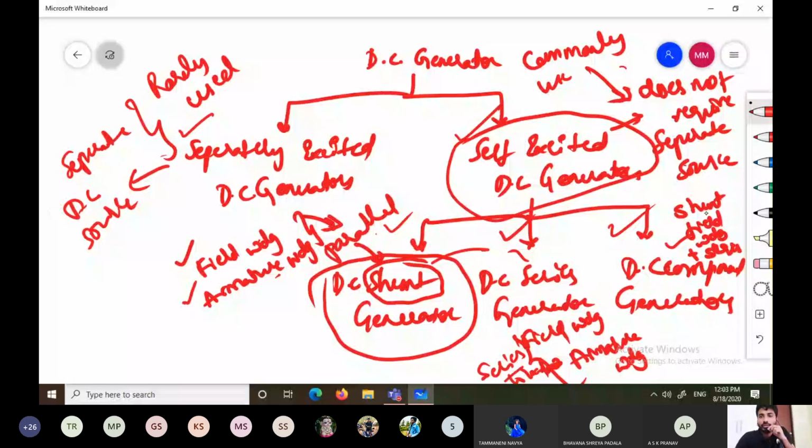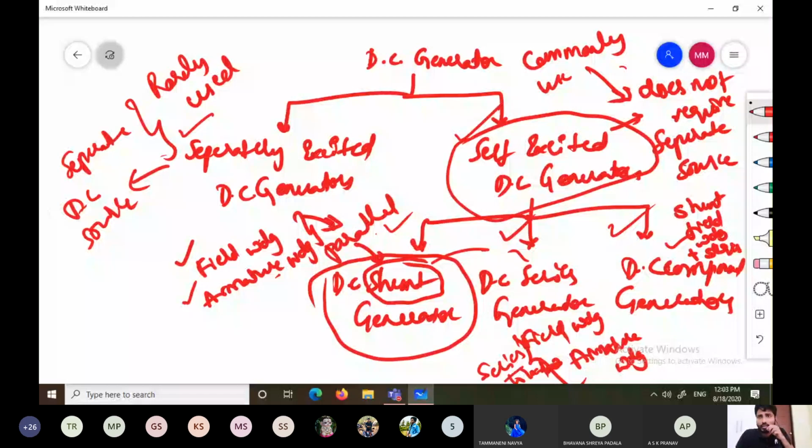So this is the basic difference between a DC shunt generator, series generator, and a compound generator. Remember this. These all are DC generators. The output must be DC, direct current electrical power.